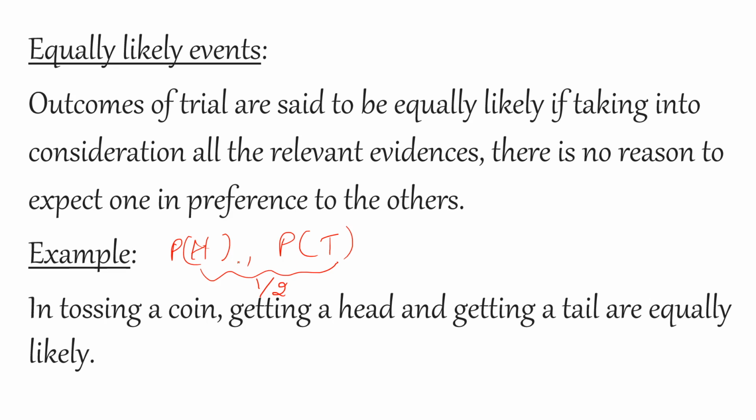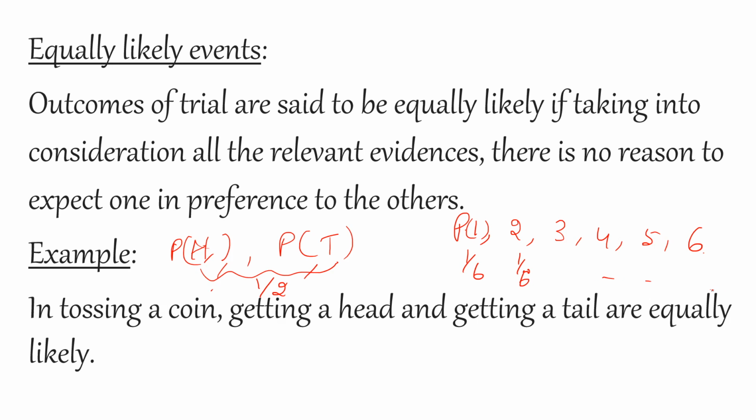Both are 1 by 2. Similarly, if you throw a die, you will get the numbers 1, 2, 3, 4, 5, 6. What is the probability of 1? 1 by 6. Here also 1 by 6.